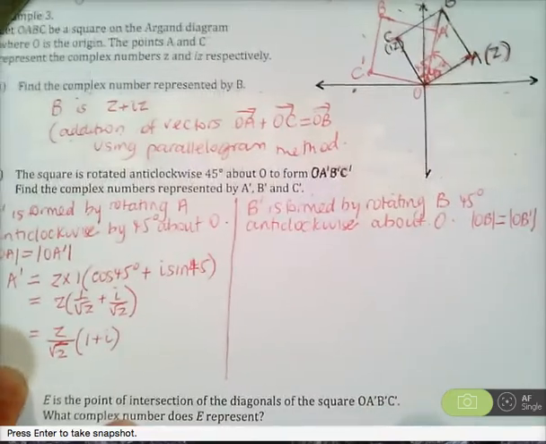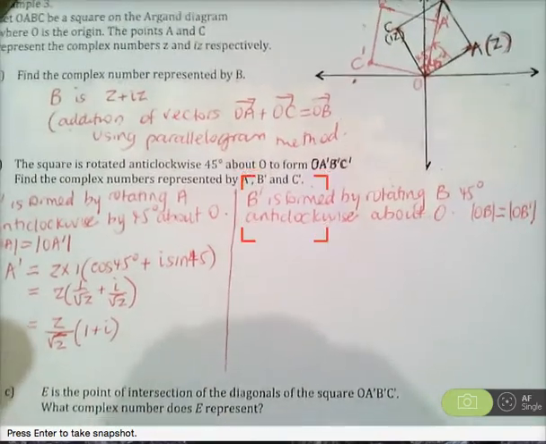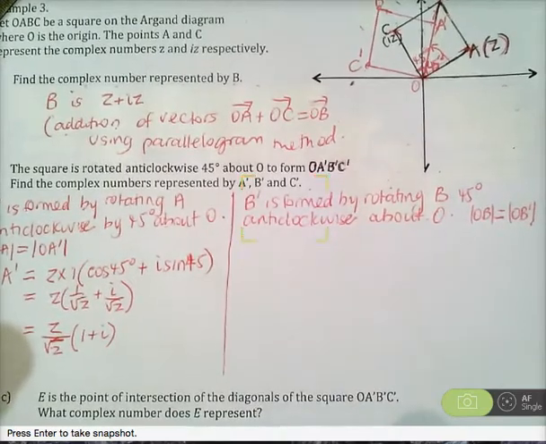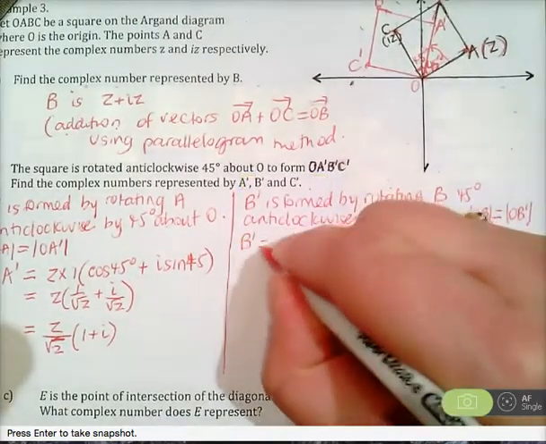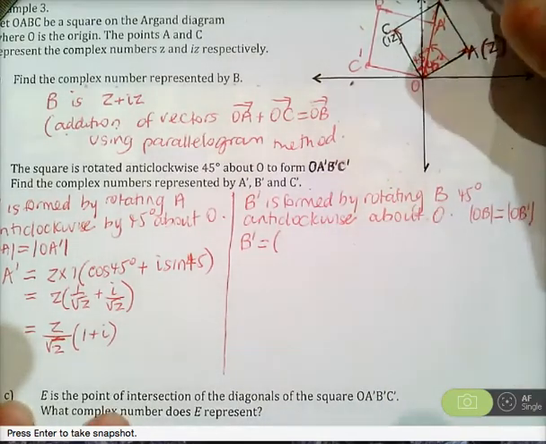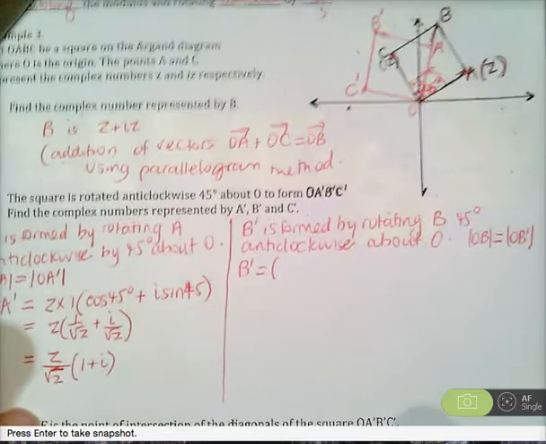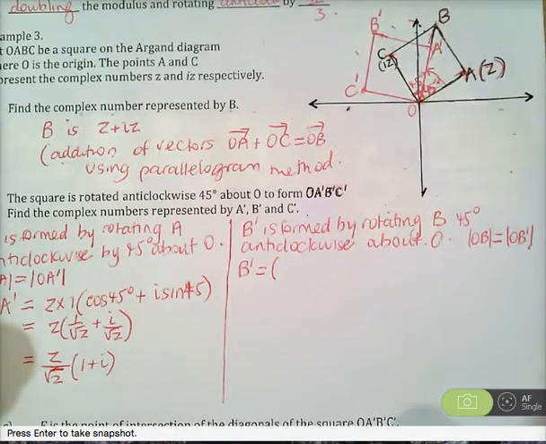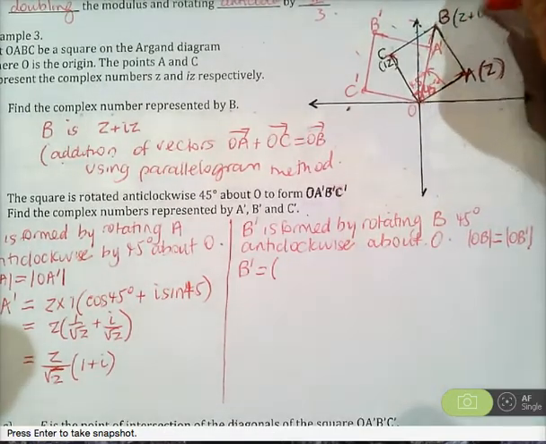Okay, so I'm just going to focus this a bit better. So B' will be whatever B is, sorry, I should write it on my diagram up here, sorry, it's off screen. B is, remember, Z plus iZ.